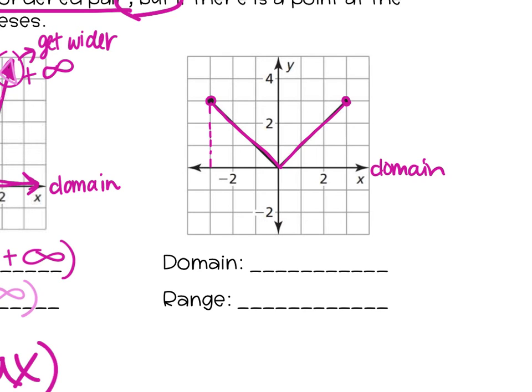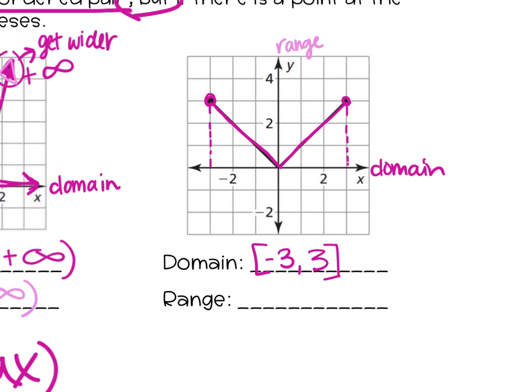Okay, well, as far left as it goes is -3. Since this is an endpoint, I want to do a bracket, comma, to make it look like an ordered pair, and then my maximum, so how far right does it go, is +3. And that also has an endpoint, so I put a bracket. All right, now switching to the range, so how far up and down is it going?